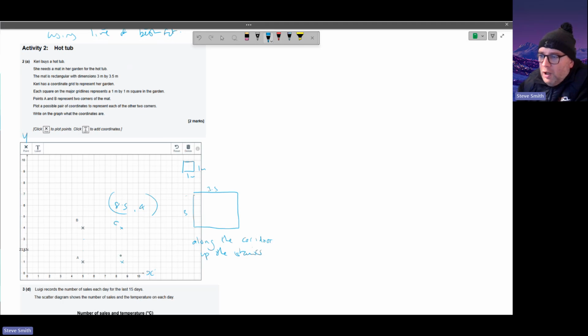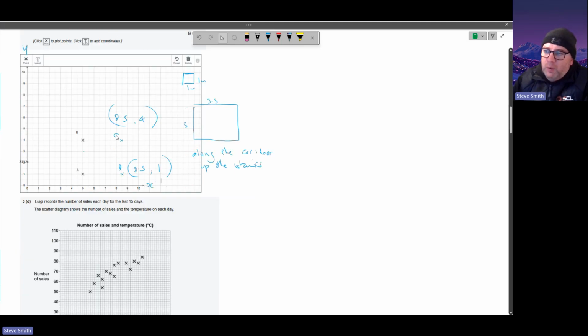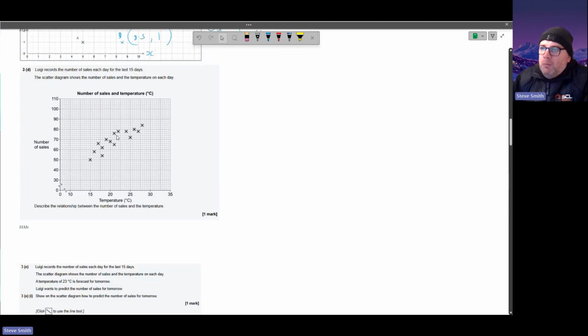And this one, we'll call it D. That is 8.5, because it's along the corridor again, and it's at 1. So we've put our coordinates in there, we've labeled them, and how we'd label that, we'd literally use this here to label it, give you a text box, and we just do exactly what I've done there, but with a text box.